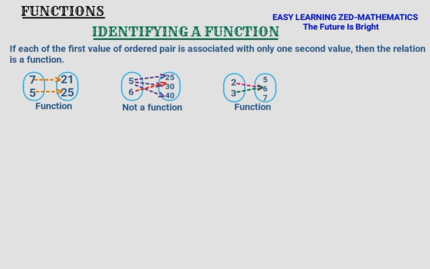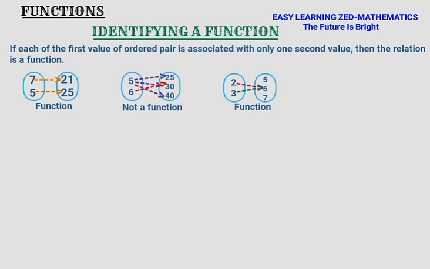You may ask yourself, but 6 is associated with many. Remember, 6 is coming from the second value. We are talking about the first value of ordered pairs being associated with only 1. So that is what's happening there. Every number in the first value of ordered pairs is associated with 1 second value.